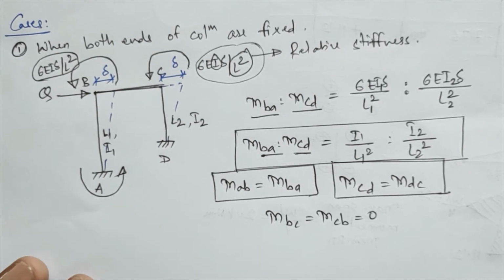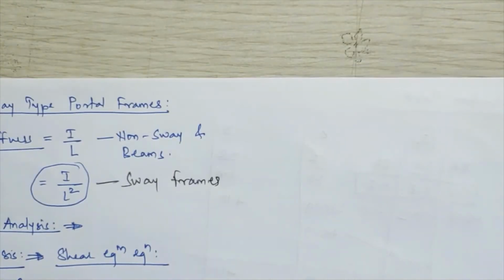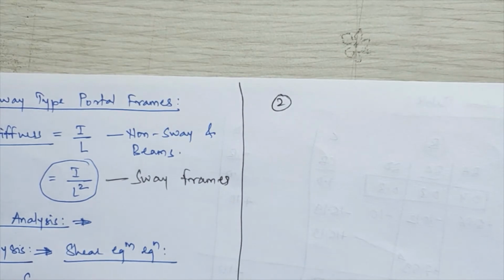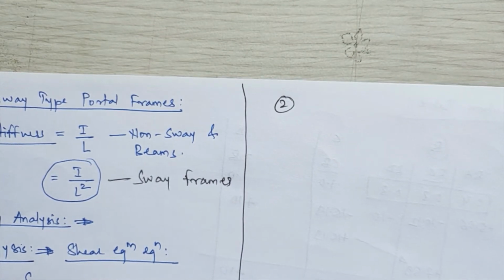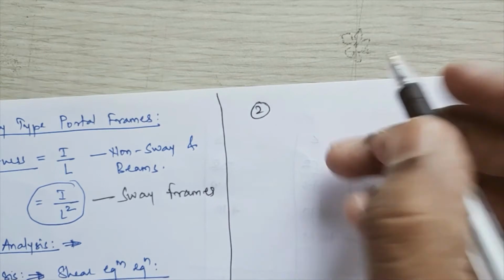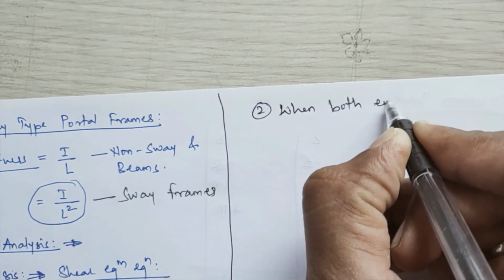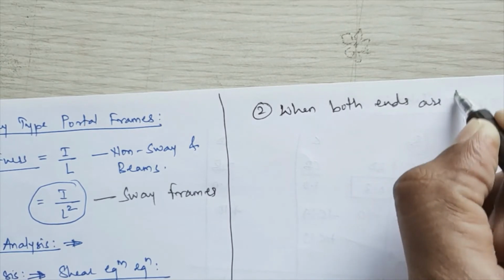Okay, now we'll proceed to the second case. So you write down case number 2, when both ends are hinged.